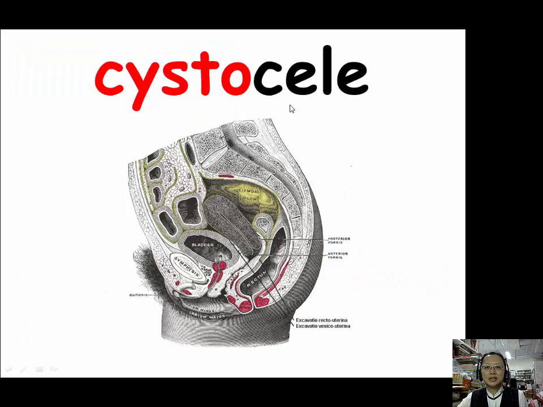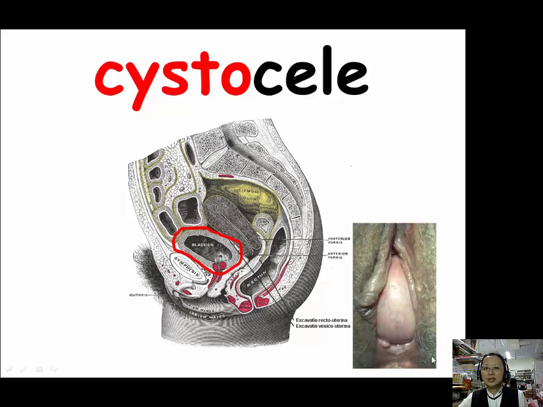For cysto, our example is cystocele. What is a cystocele? Cystocele is a hernial protrusion of the urinary bladder, which is this part here, usually through the vaginal wall. This is a picture of an old woman who has cystocele.